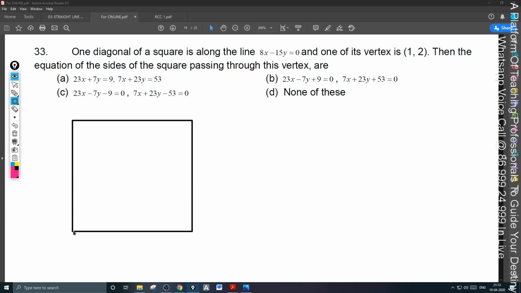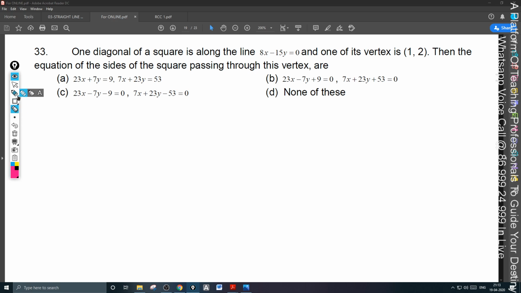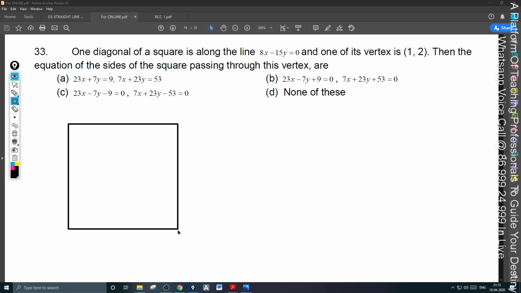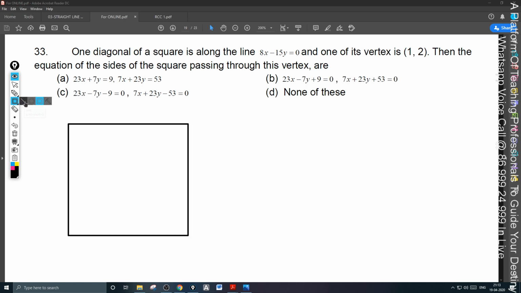Now, this is a diagonal. One of the diagonals is given. Which is the diagonal here?